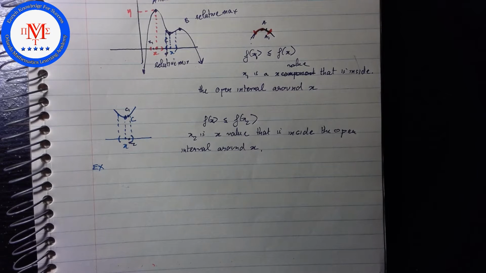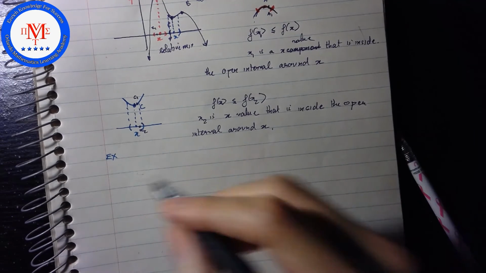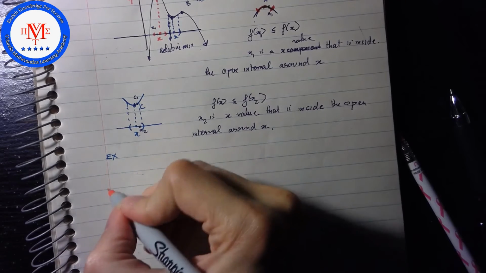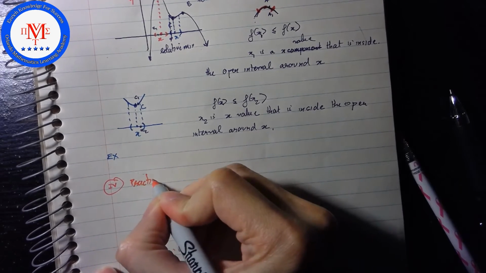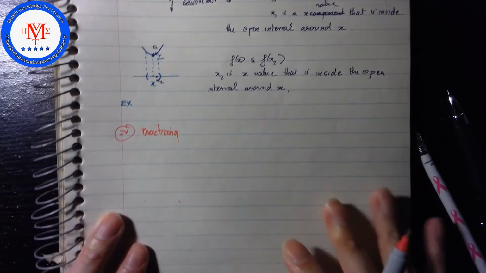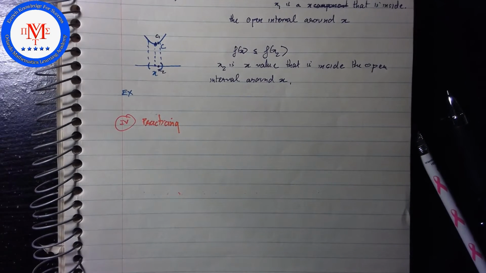For the practice part, number 4, practicing, I want to pick one of the problems on page 227.